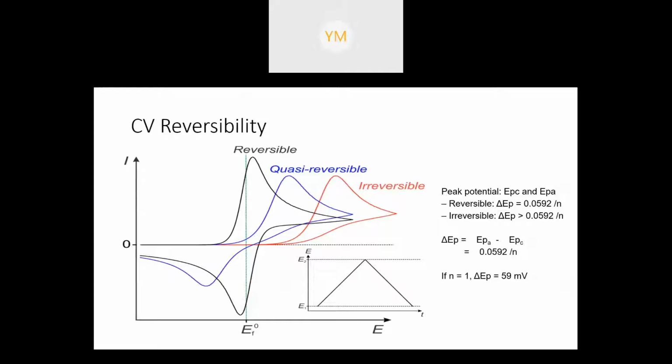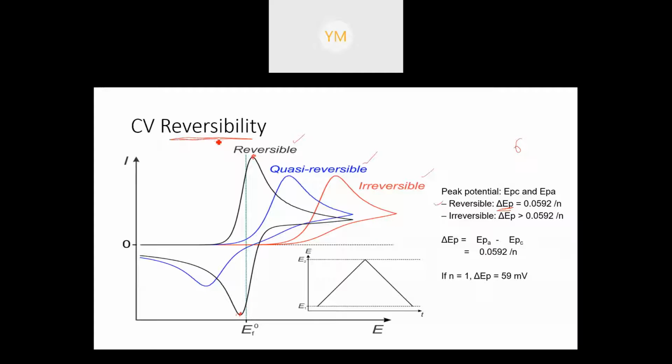Now we look at the cyclic voltammetry reversibility. Reversibility has three terms: reversible, quasi-reversible, and irreversible. In order to confirm whether the redox process is reversible or not, we check the separation between EPC and EPA.